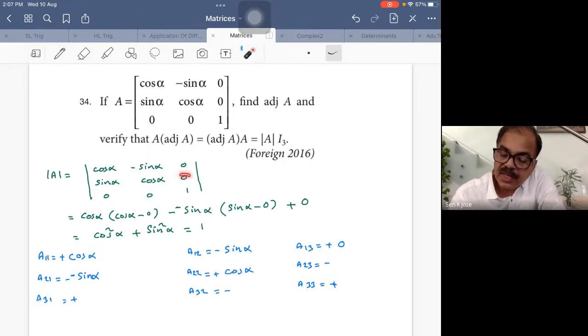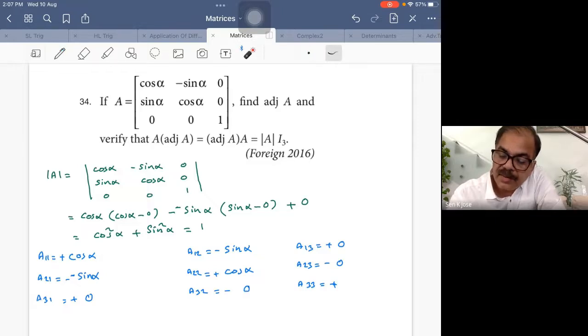Then A23, delete the row and the column it contains, cross multiply, you will get 0 minus 0. So that's going to be completely 0 there. Then A31, delete the row and the column, 0 minus 0. Pretty simple. And then the next element, A32, delete the row and the column it contains, cross multiply 0 minus 0, again 0.